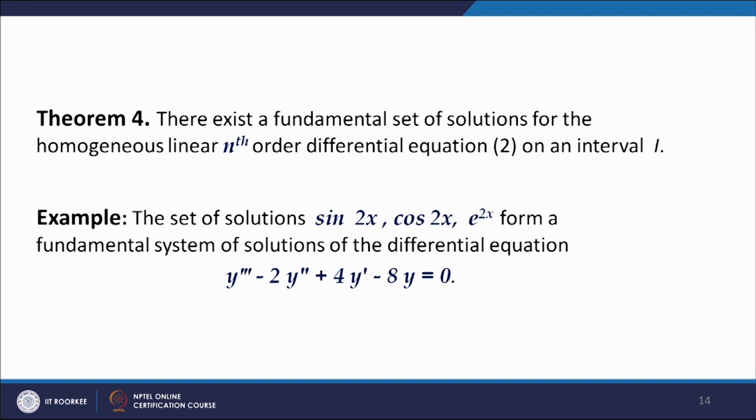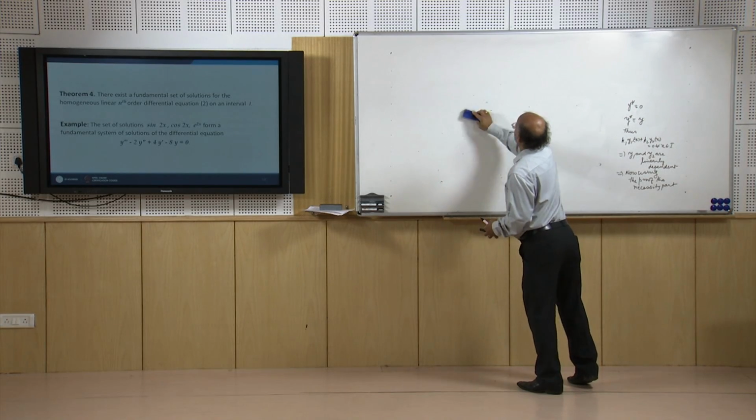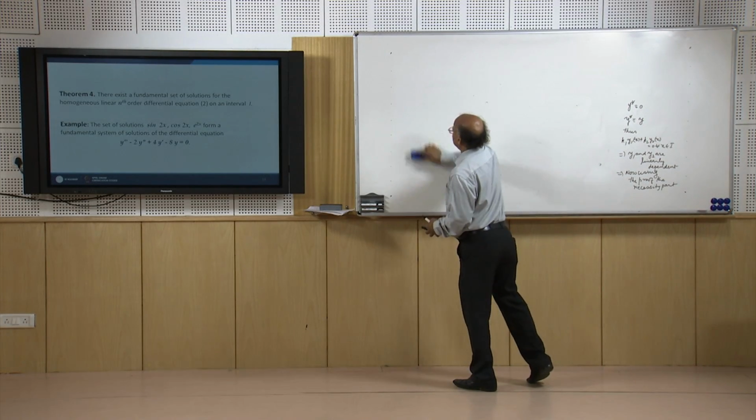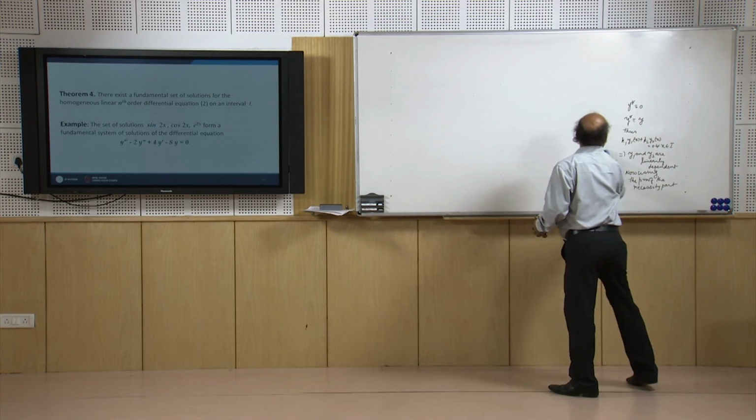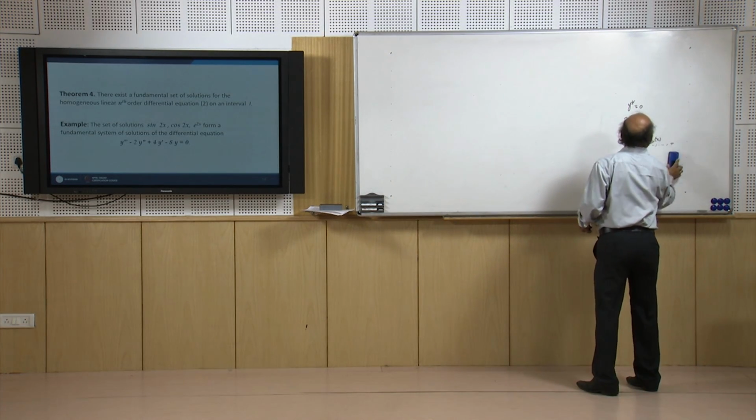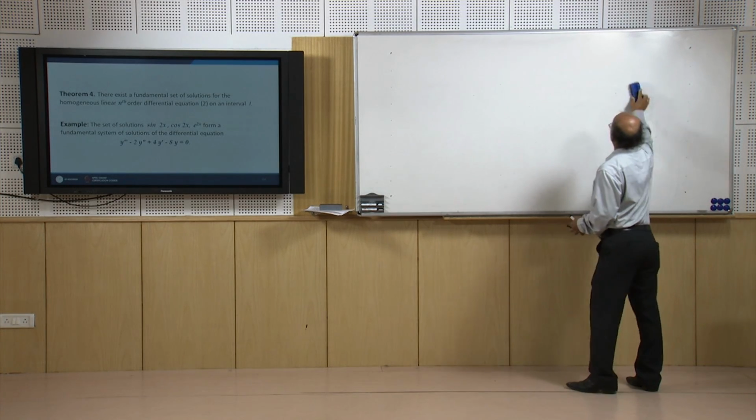Fundamental set means we have to show that the three functions are linearly independent, which we can easily show by using the Wronskian. So let us consider the Wronskian of these three functions and show that they are linearly independent and so form a fundamental set.